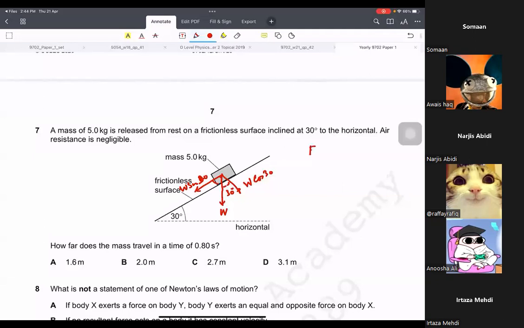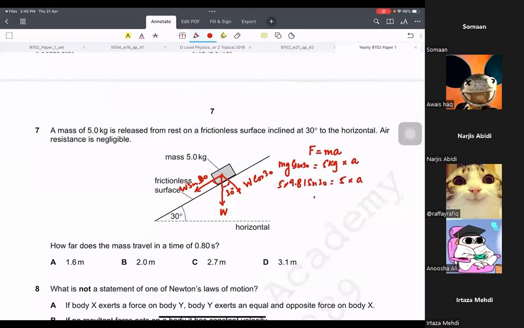First of all, we want to find the acceleration. We have 5 kg, and the force is mg sine 30, and the acceleration we want to find. So 5 times 9.81 times sine 30 equals 5 times a.